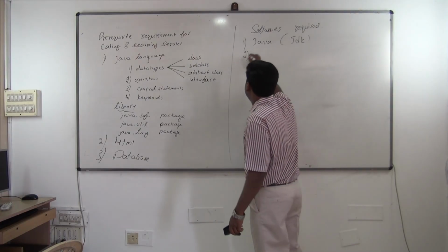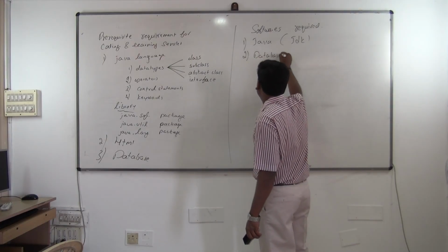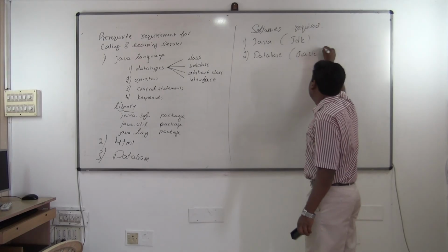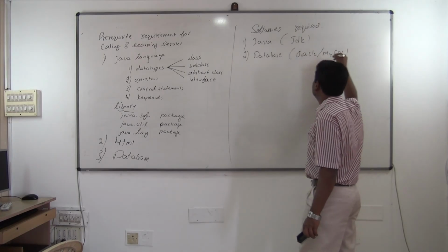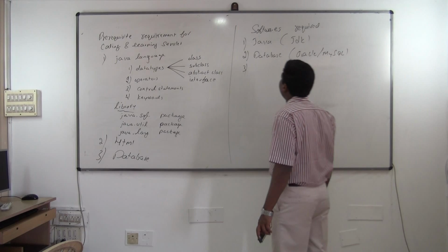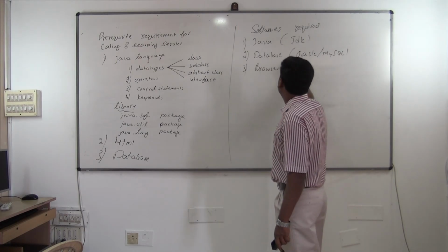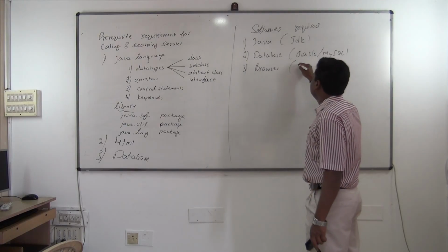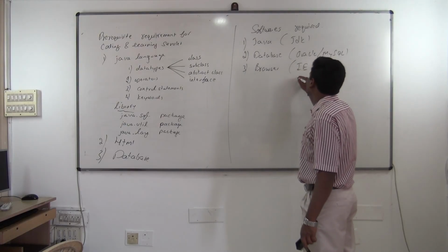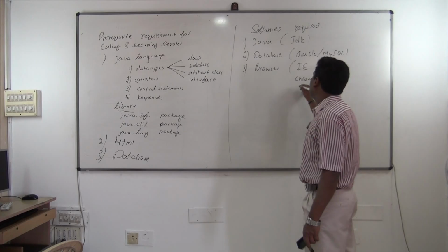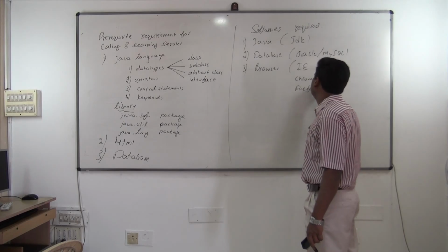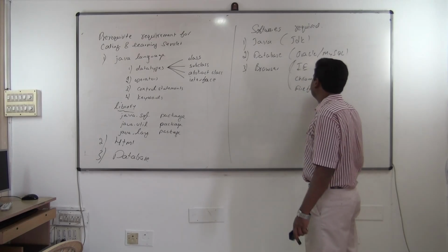Then next, you need some database, either Oracle or MySQL, because I'll be using either of these two. Then you need a browser. Understood? Any browser you can use, IE, Internet Explorer, Chrome or Firefox, anything like this you can use.